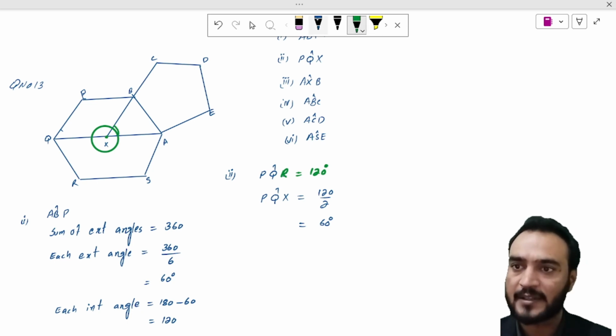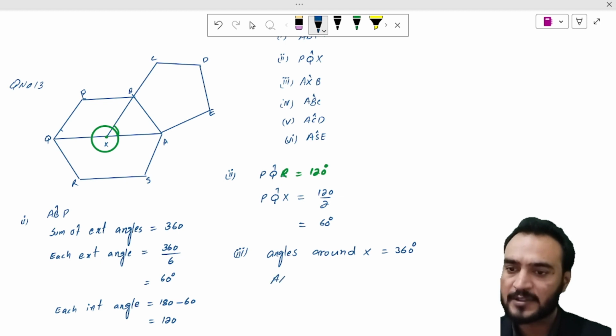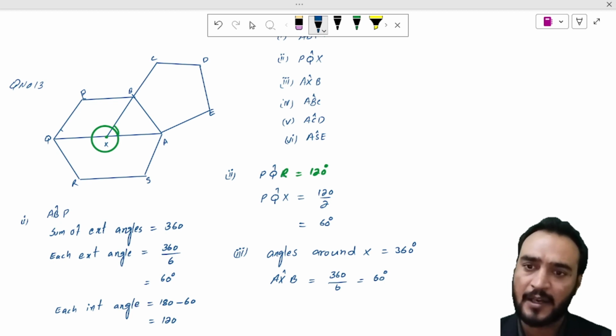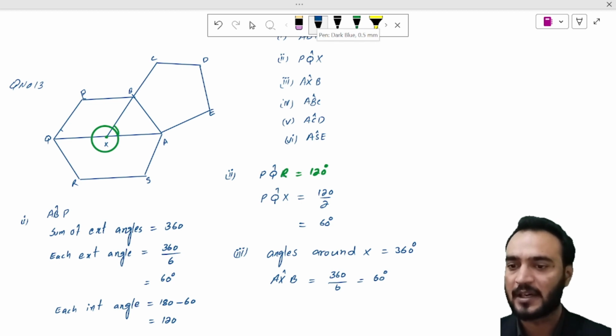So angle AXB is 360 divided by 6, which is 60 degrees. The sum of angles at a point is 360 degrees, and we divide it by 6 to get the angle AXB. So this is angle AXB.